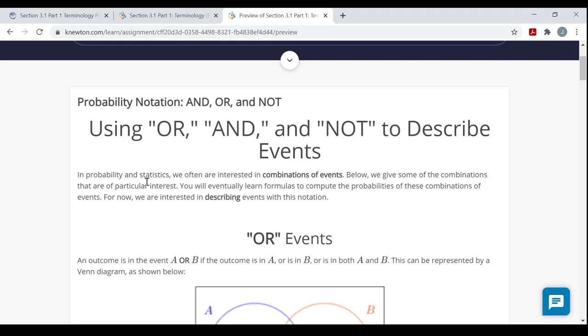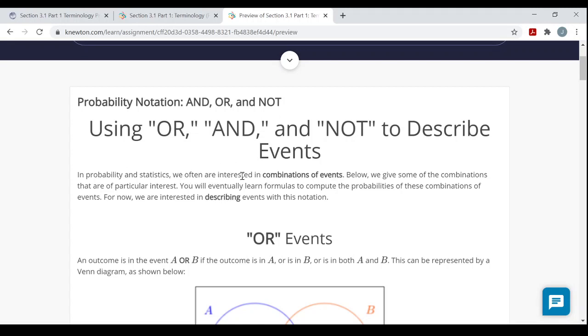In probability and statistics, you've probably seen these words or and and also used in algebra with inequalities. Remember, there were compound inequalities connected by the word or the word and. If you remember how those worked, this should be pretty simple.